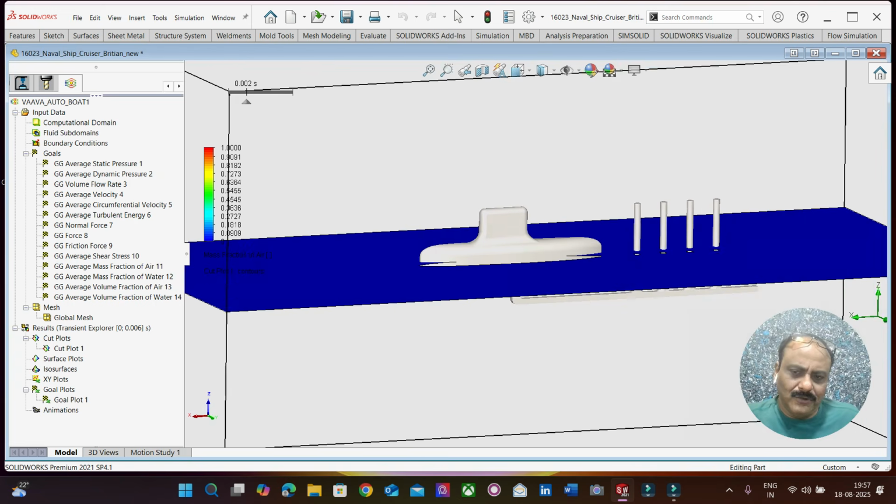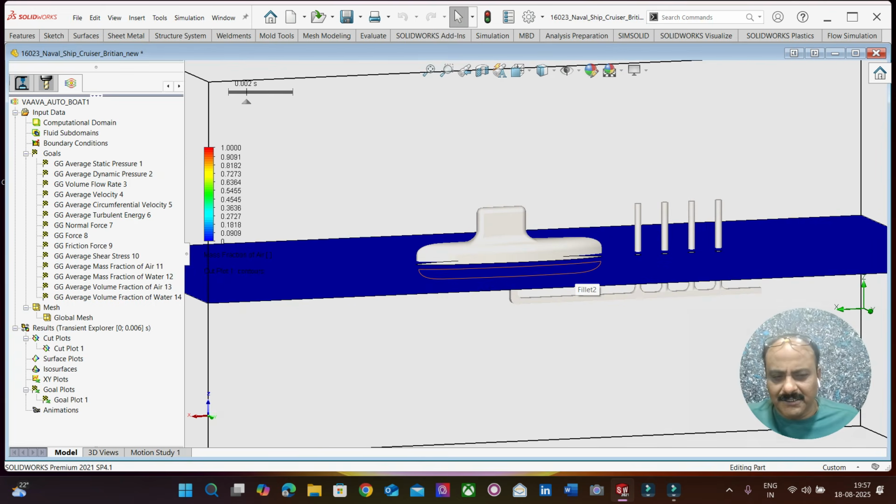Now as I told you, we need to find out the mass fraction of air and mass fraction of water, not across the surface. It's not across the ocean bed. We cannot find that, because across the ocean bed, on that plane, we will be having only water. Then there is no point in taking that.